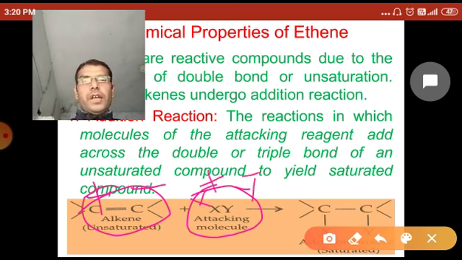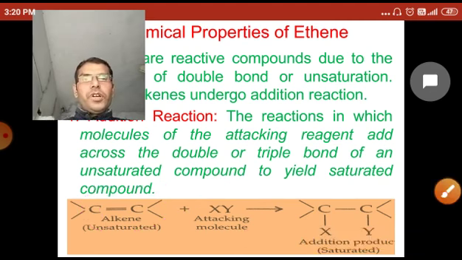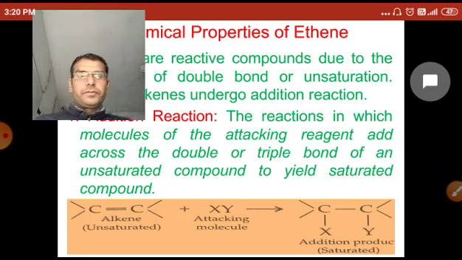They move towards the opposite charges on the carbons and a saturated compound is formed. So the double bond breaks down into a single bond in the new compound. So unsaturated compounds change into saturated compounds during the addition reaction.